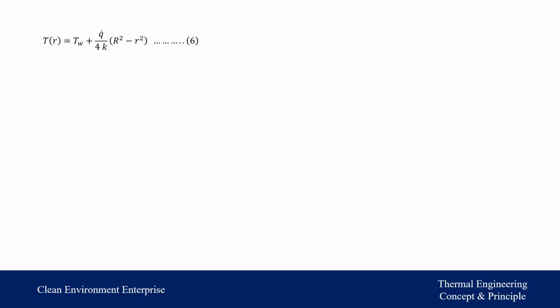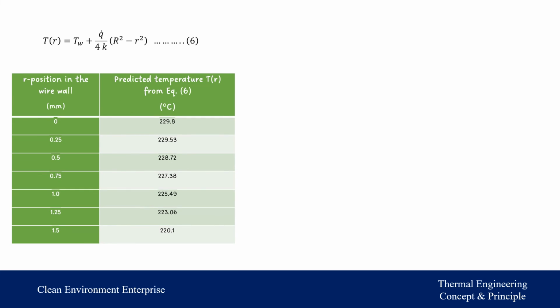And we have T of r as represented by equation number 6, T sub w plus Q dot divided by 4k times capital R square minus r square. Then if we use different values of r, 0, 0.25, 0.5, 0.75, 1.0, 1.25, and 1.5, this is the value of r.